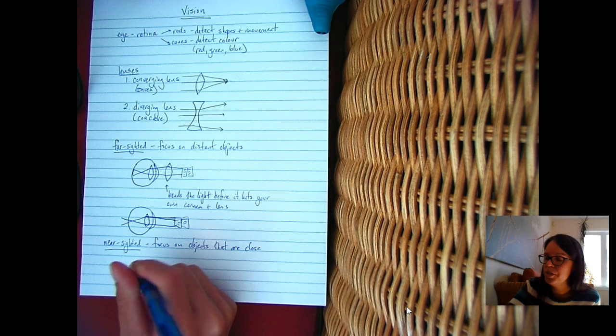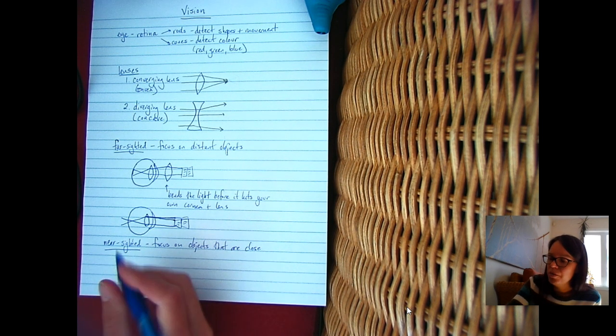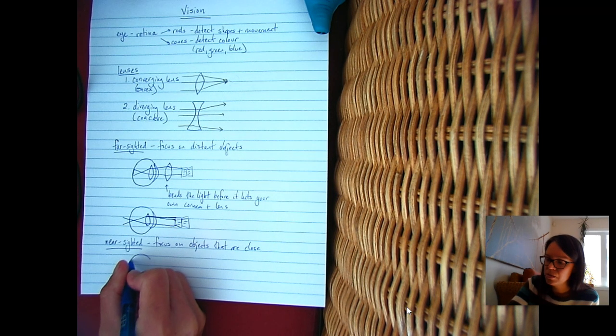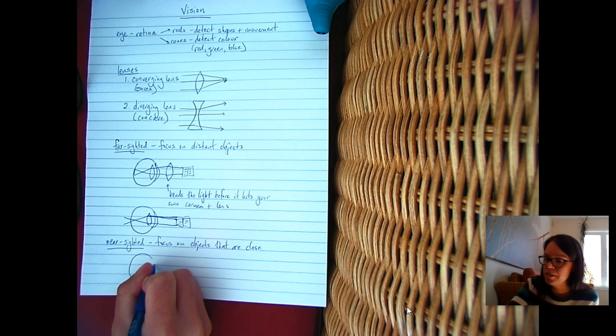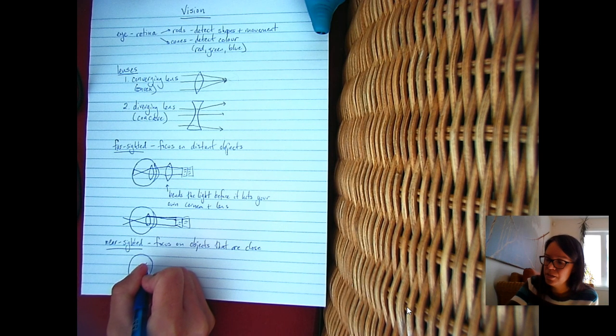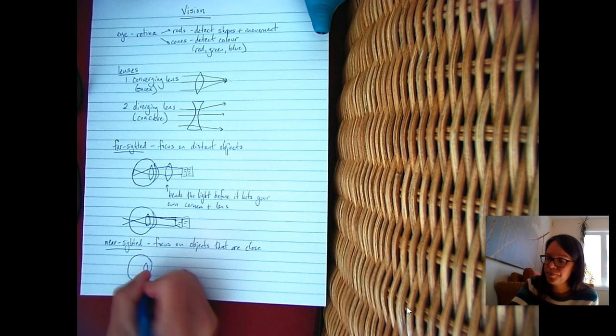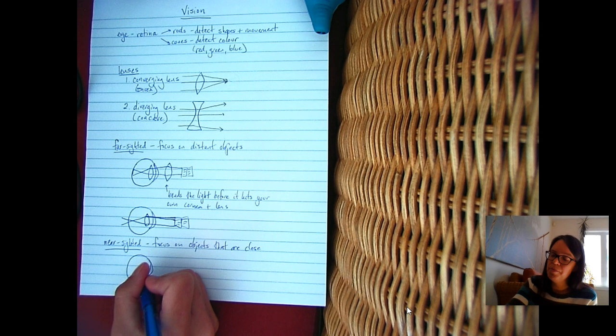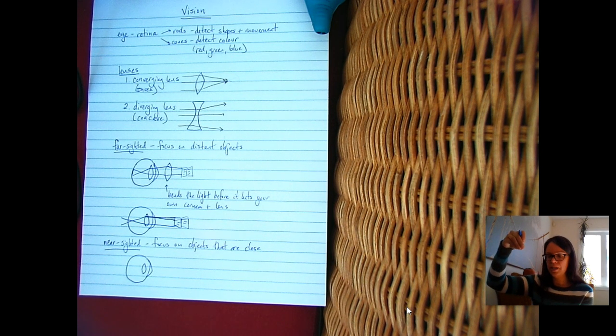So for nearsighted, what we're looking at here, if we have the eyeball, I'm going to do side by side this time. Here's the lens. If you can't see things far away, what's happening is this can't stretch out nice and long.